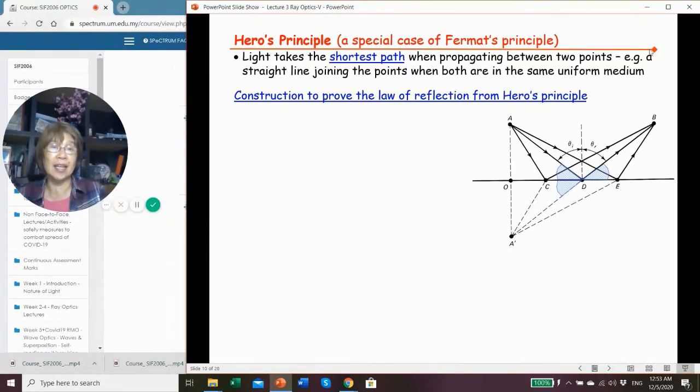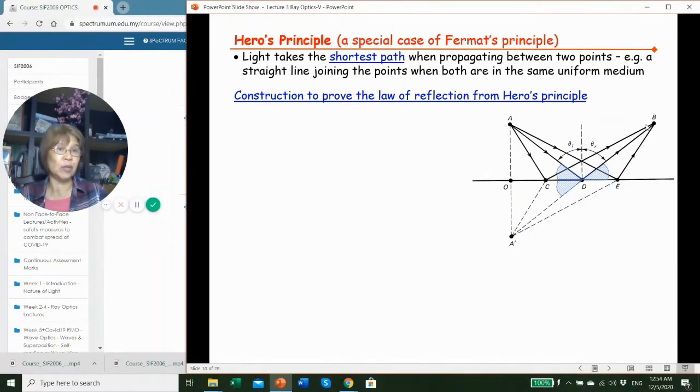Let's say that the ray will come from source A and will reach point B, and this would be the reflecting surface. And we do not know at which point it will reflect. So let's put a point which is at an equal distance from B, the midpoint here, and another point which will be nearer to A and get reflected here.